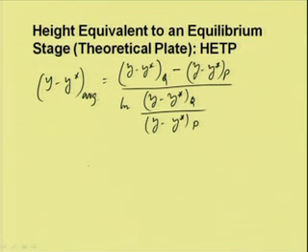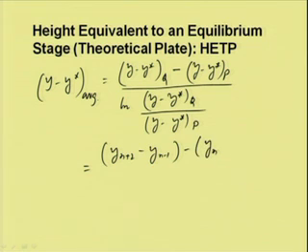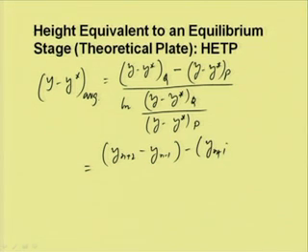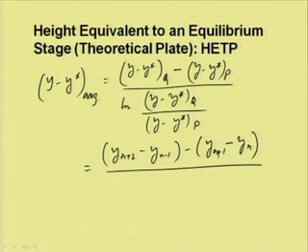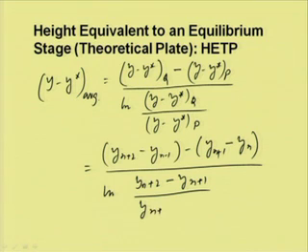So, this would be y n plus 2 minus y n minus 1 minus y n plus 1 minus y n, divided by ln of y n plus 2 minus y n plus 1 divided by y n plus 1 minus y n.